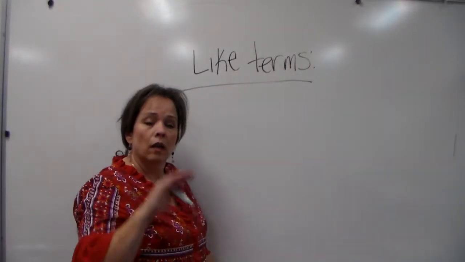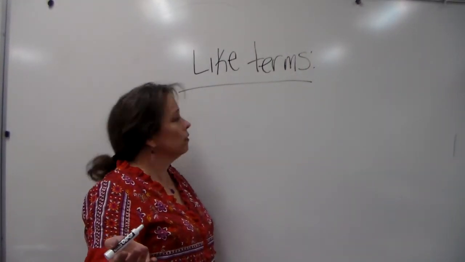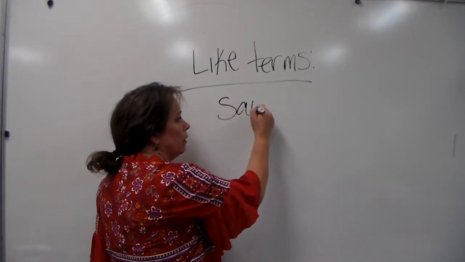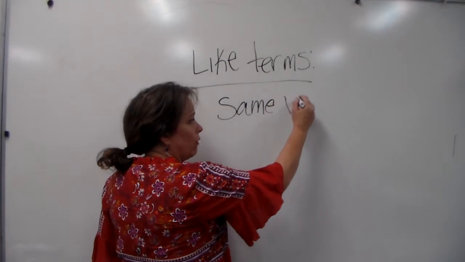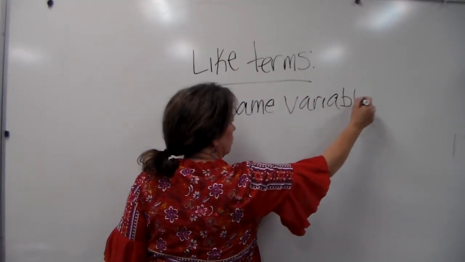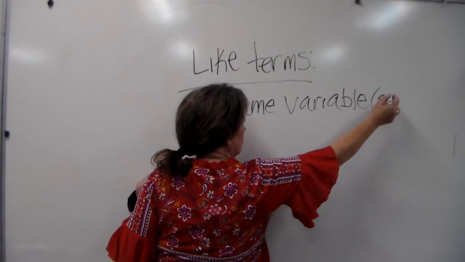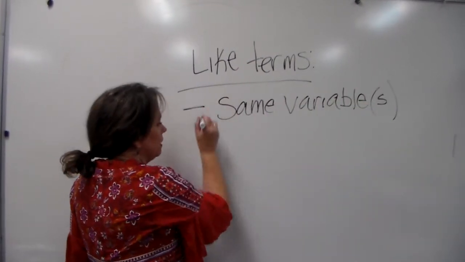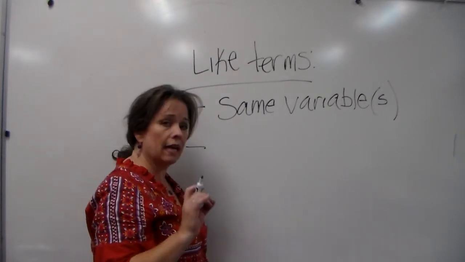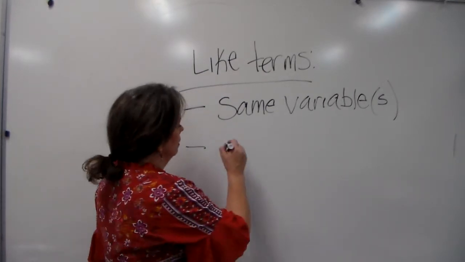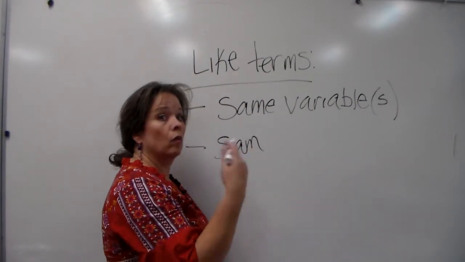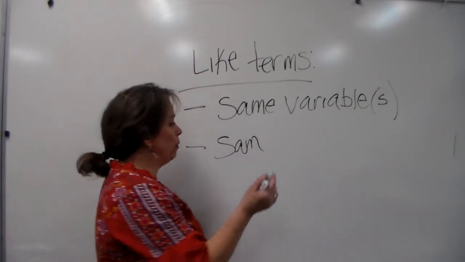And our like terms are terms that have the very same variable or variables, and they also have to have, those variables have to have the exact same exponents. Same variables raised to the same exponents.